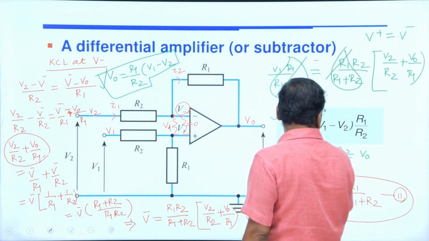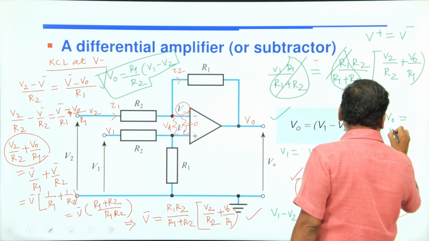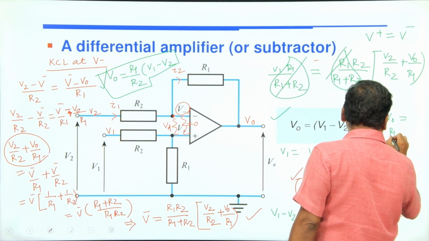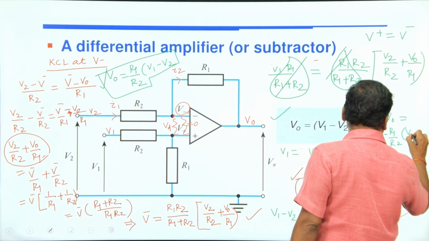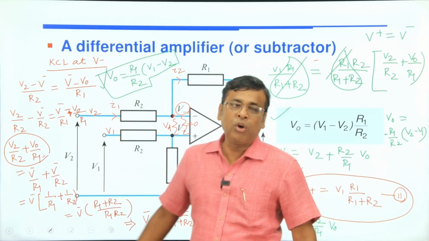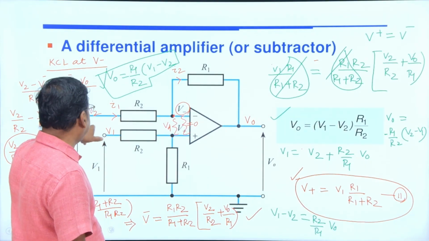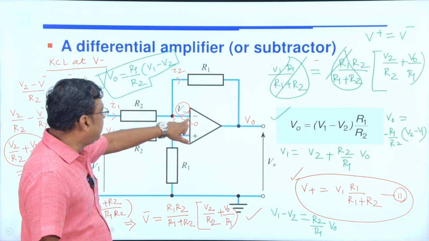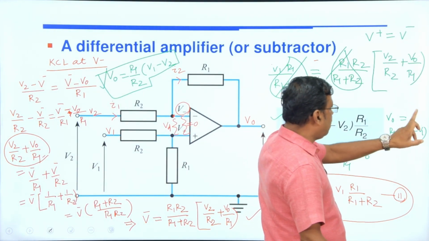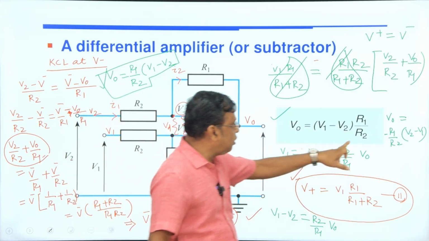If I write V0 equal to minus R1 by R2, this is nothing but V2 minus V1. So V2 is the upper voltage and V1 is the lower voltage. If I apply V2 at the inverting terminal and V1 at the non-inverting, positive terminal, a minus sign will come.